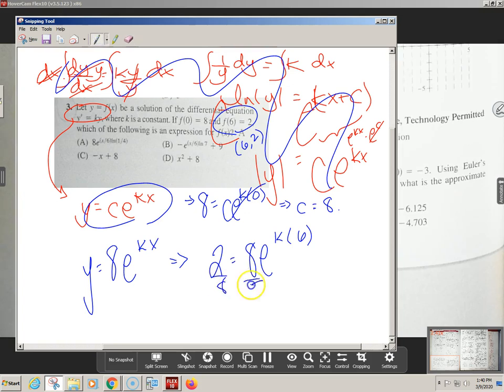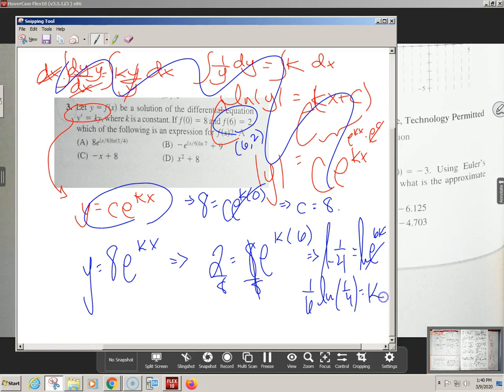So divide by 8, and I end up with 1/4 is e to the 6k. Now put in an ln, because I can now cancel out. Then divide by 6. So 1/6 ln of 1/4 equals k.